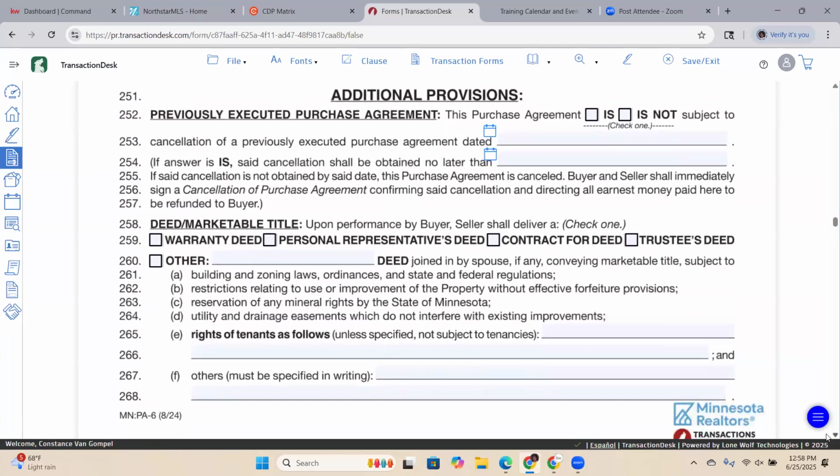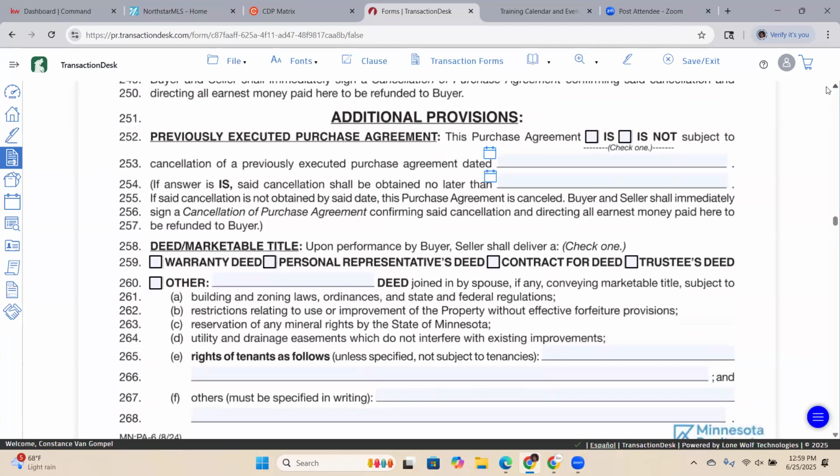Was this a previously executed agreement? If this is the first one that you are writing on this property, it's going to be "is not." But if you write it and it was not accepted by the seller, and you and your buyer went off, looked, and you came back 2 weeks later because they lowered their price, then it would become an "is."